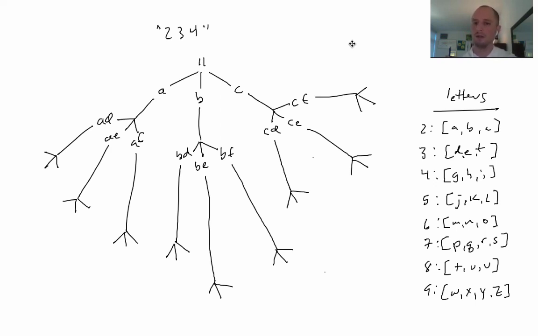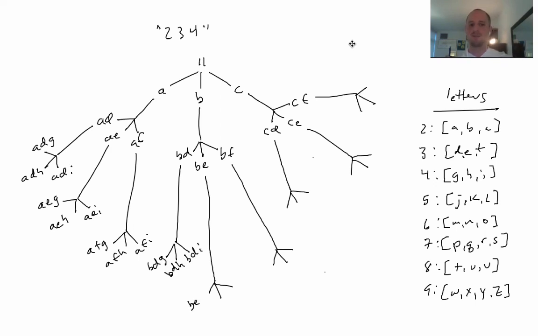That would be G, H, and I. So we'll go A, D, G, A, D, H, A, D, I, A, E, G, A, E, H, A, E, I, A, F, G, A, F, H, A, F, I, and so on and so forth.